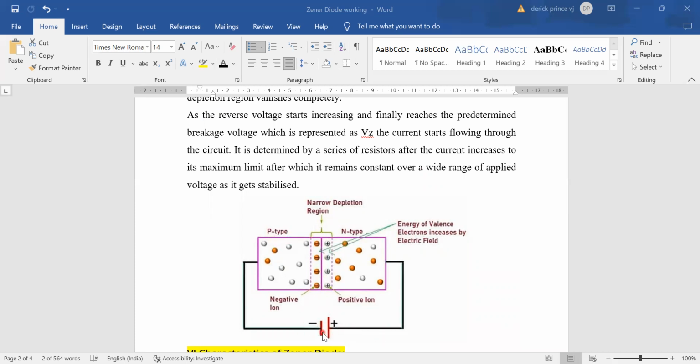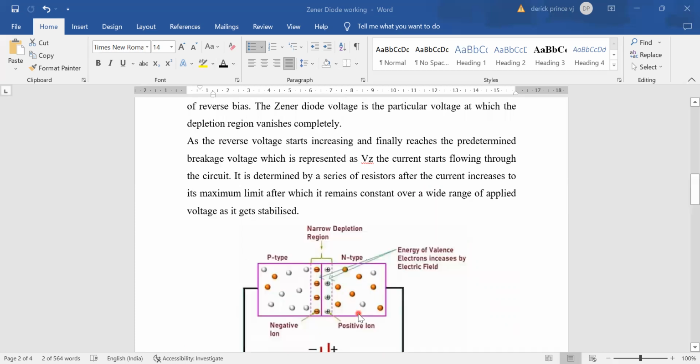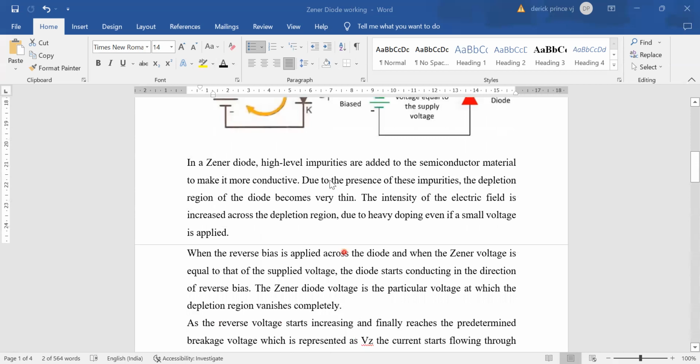P is given minus. So we know that the negatives are getting attracted here. But because it is heavily doped, due to some charge carrier movement, they are crossing the depletion region and the depletion region will break down and there will be a flow of current. So that is our Zener diode.